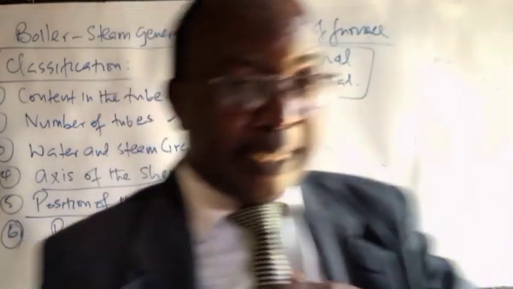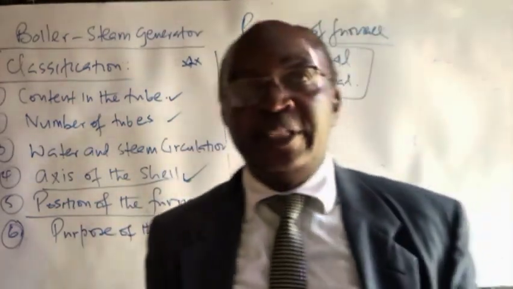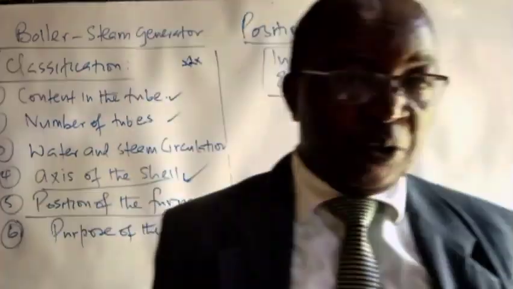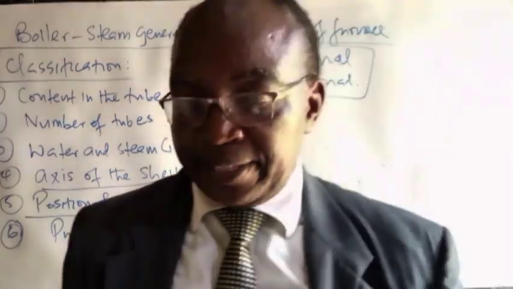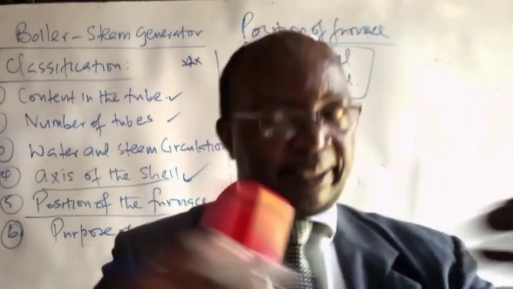Normally, it is preferred for efficiency in terms of generation of whatever quality of steam you have, and efficient thermal contact between your system and the surroundings. Remember, your system is the boiler and the surroundings is the furnace.